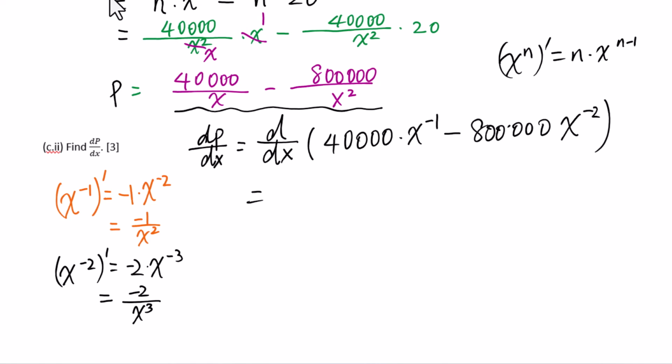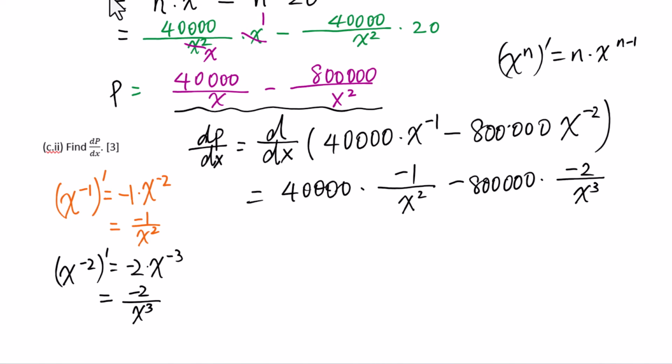Therefore, 40,000 bring down, then times negative 1 over x squared minus 800,000 times negative 2 over x to the third power. Simplify.